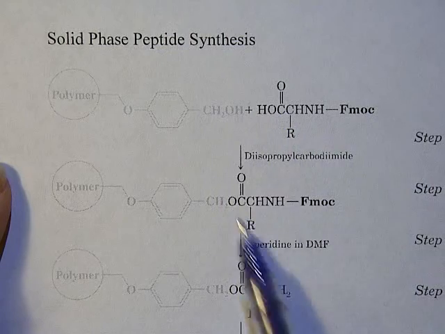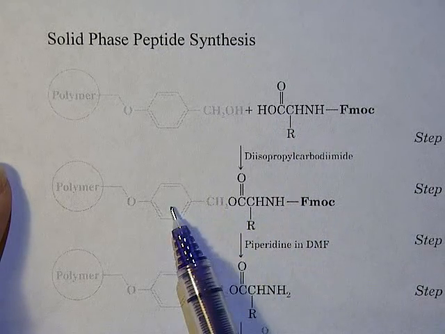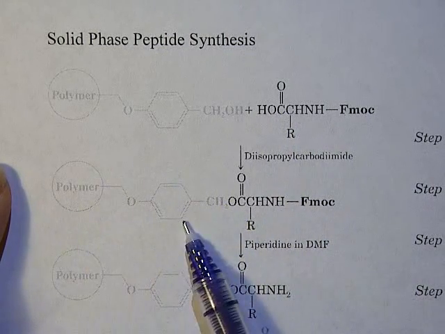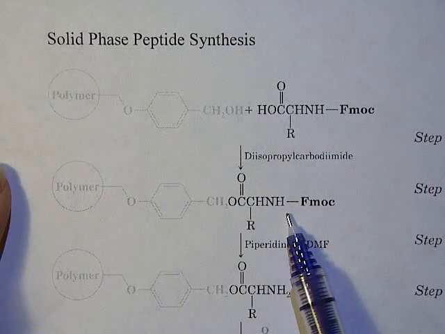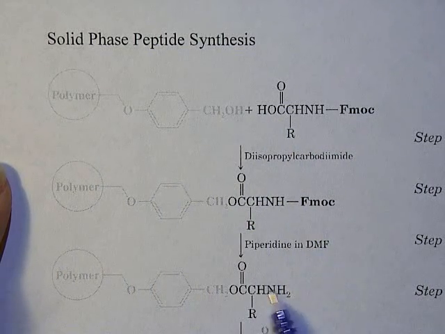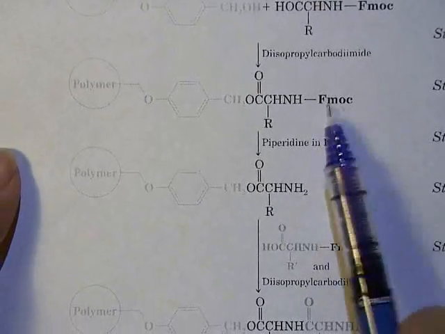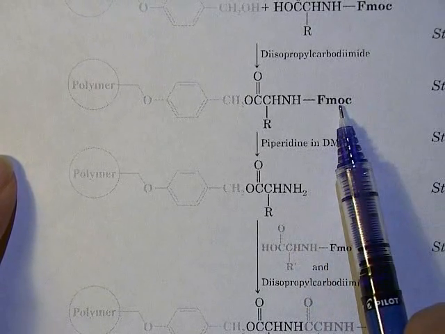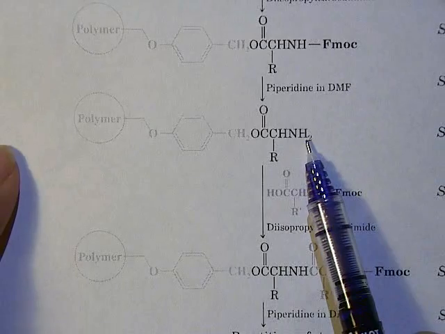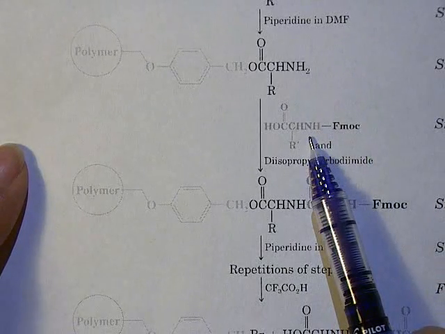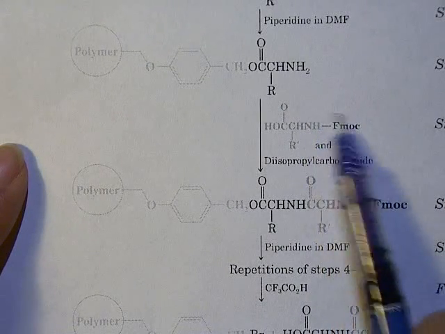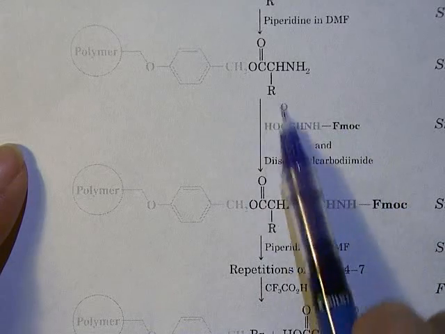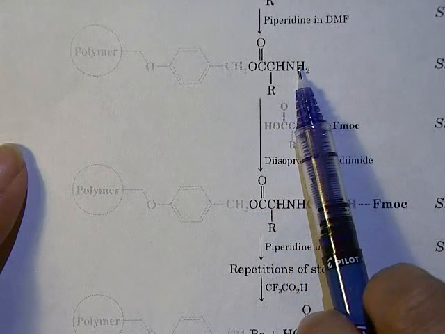So then this amino acid is now stuck onto this polymer, and then this amino group is free to do the coupling. So what you do then is, this is the step that deprotects the FMOC, so then you get the free amine, and then you take the next amino acid that has the amino group protected, you activate the carboxyl group of that, and then you do the coupling.